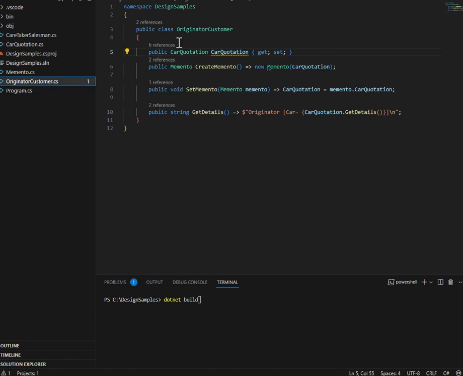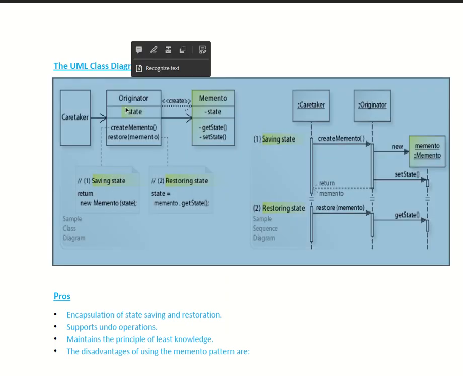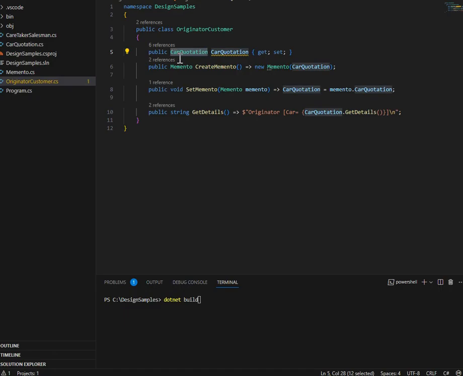I'm taking an example of how a customer buys a car. So the originator is my customer, and he has a car quotation. This is the internal state. This originator class is maintaining the state, and that state is the car quotation here.